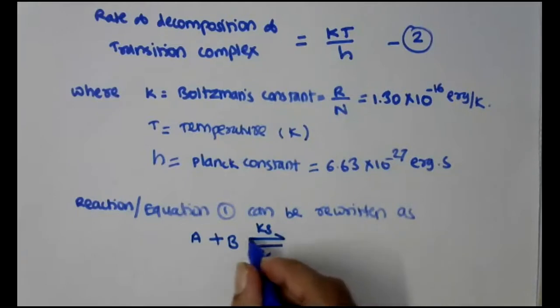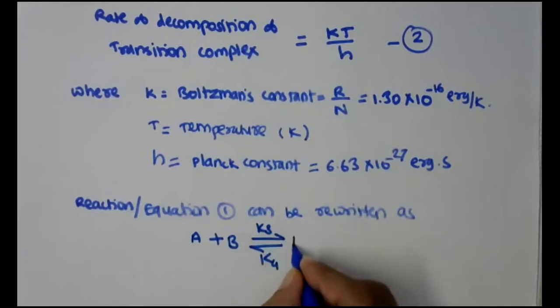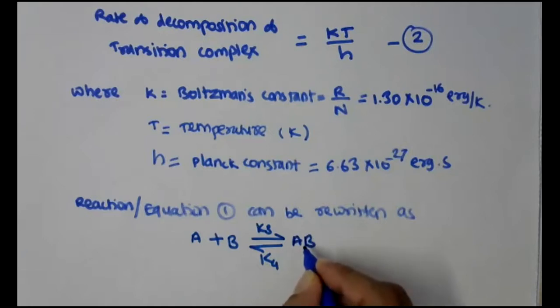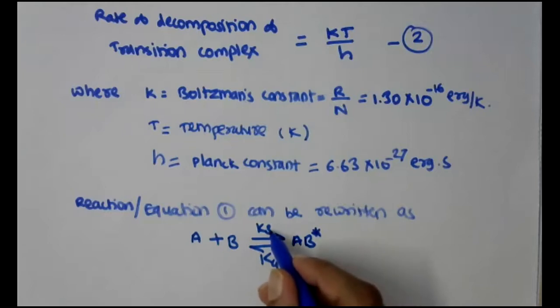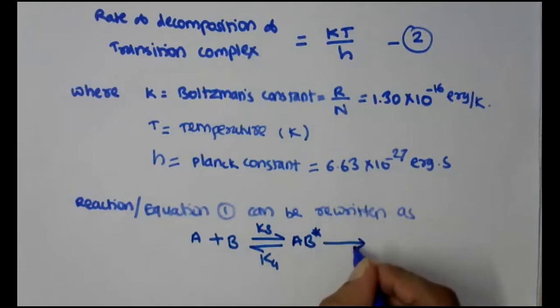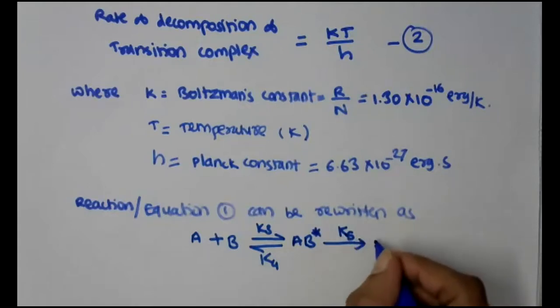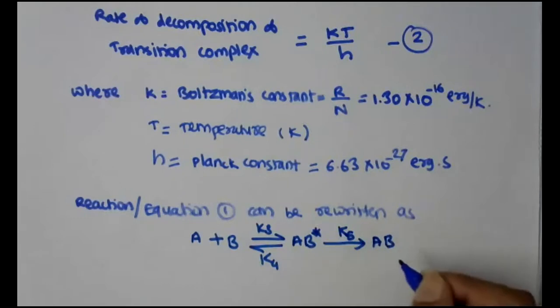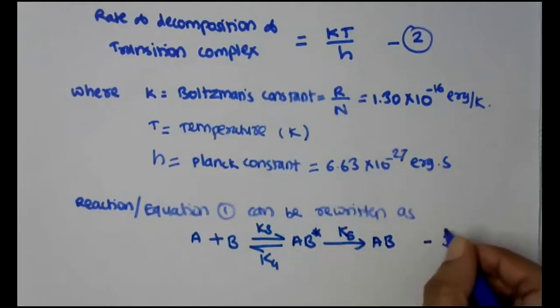Therefore, the rate constant for the forward reaction, which forms the intermediate AB star, can be denoted as k3, whereas that of the reverse reaction is k4. Now this AB star decomposes by the forward reaction to form the product AB. Say this is equation number 3.